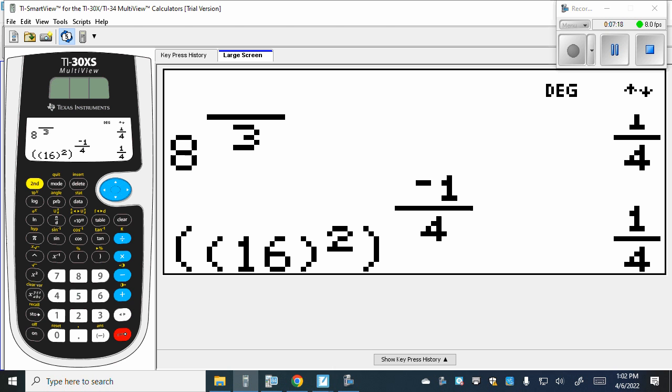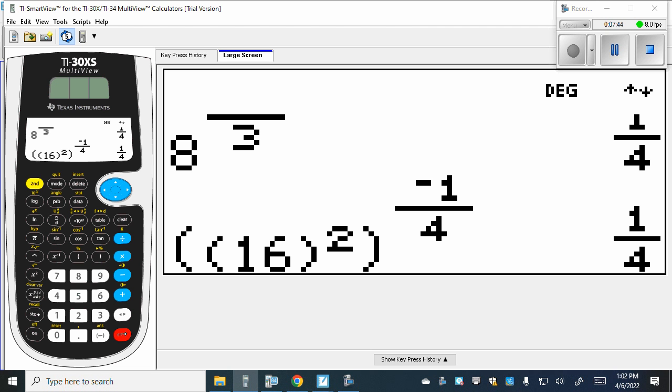It works out that we get 1/4. Because powers of powers multiply, 2 times negative 1/4 gives negative 1/2. So we're taking the square root of 16, which is 4, and because the exponent is negative, we move it from the numerator to the denominator and get 1/4.